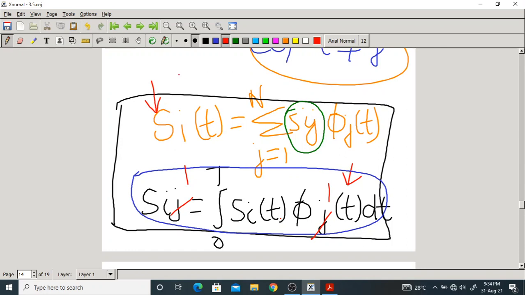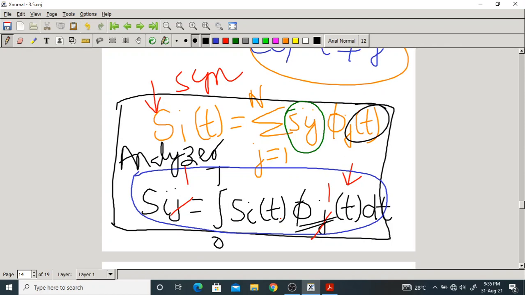So the first equation is called the synthesizer. The second one is called the analyzer. They are nothing but modulation and demodulation. The first one is a modulation, the second one is a demodulation. This is a broad idea. Okay.